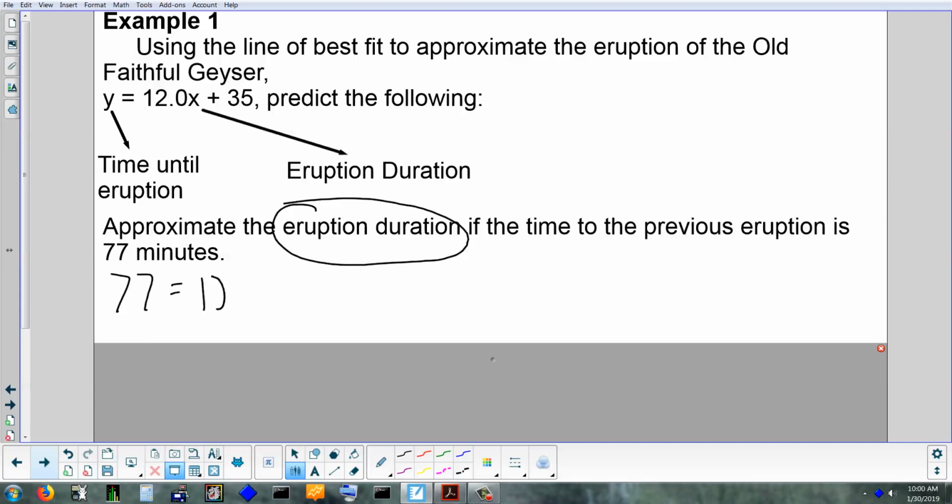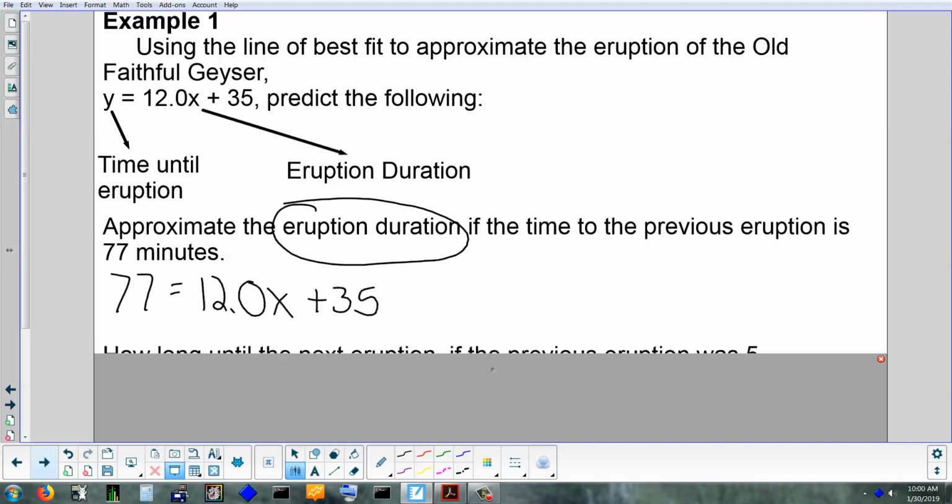Do I know my x? No, because that's what I'm trying to find, right? I'm trying to approximate how long the duration of the eruption was, because I know it was 77 minutes ago. So I'm going to leave it as x. What's the last thing? Plus 35. Now I'm just going to solve this just like solving a regular equation.